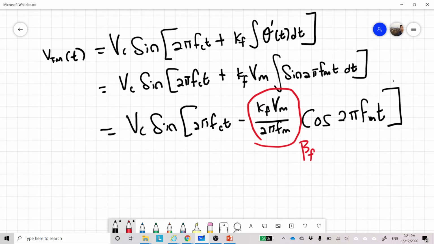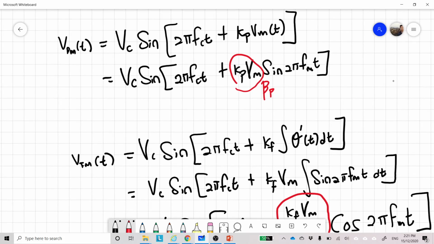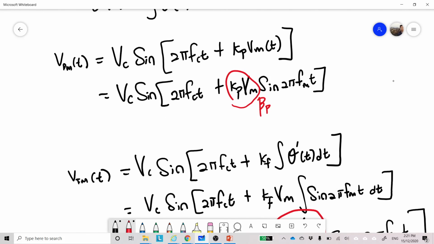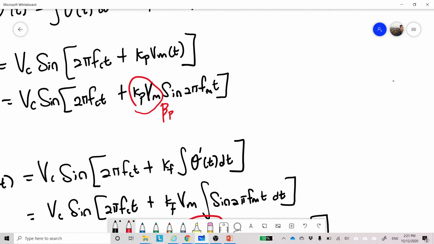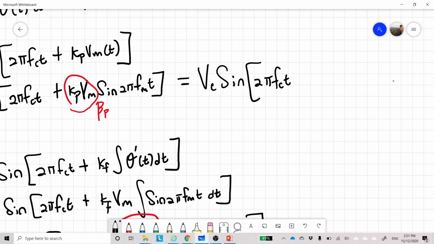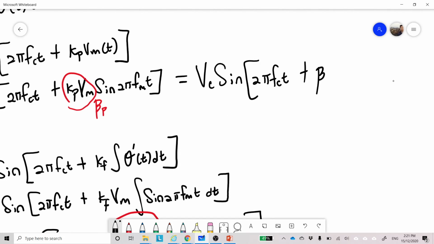Okay, so persamaan ini sebenarnya boleh juga kita tulis dalam sebutan beta, okay, iaitu bersamaan dengan VC sin 2 pi FCT plus beta P sin 2 pi FMT and then close big bracket.